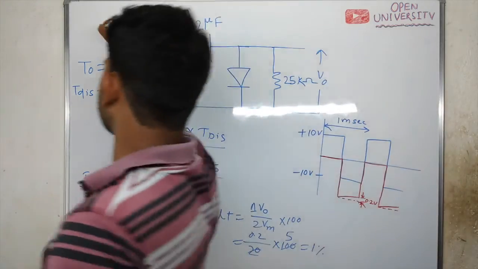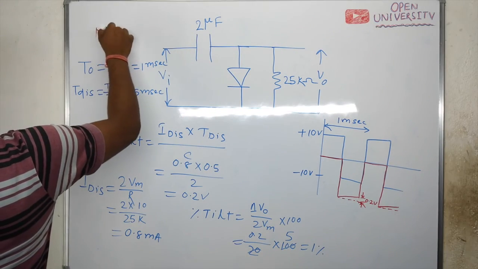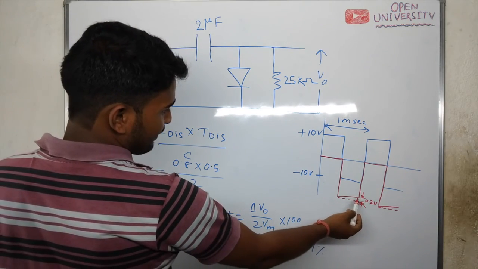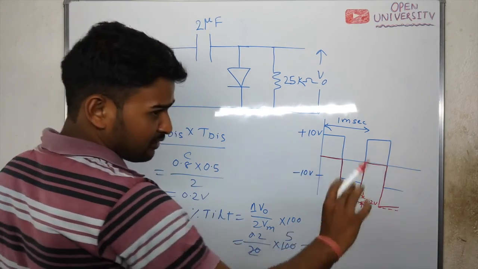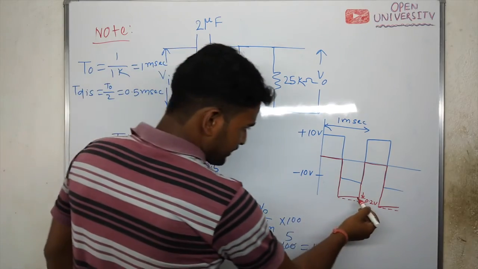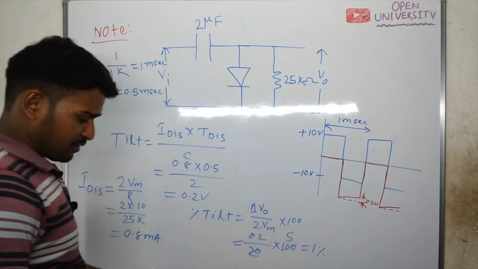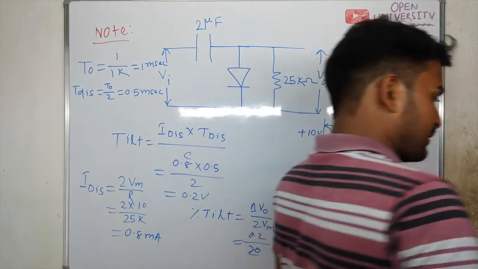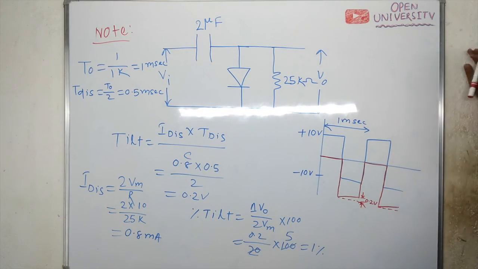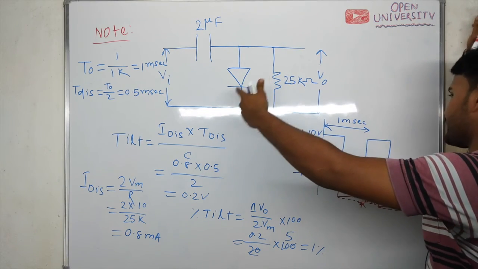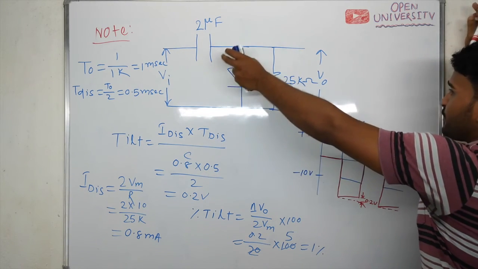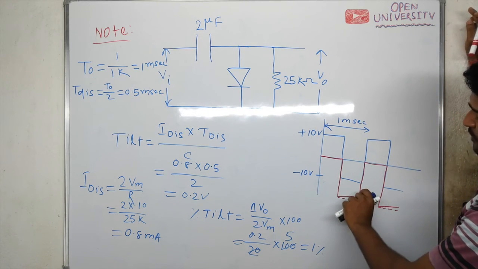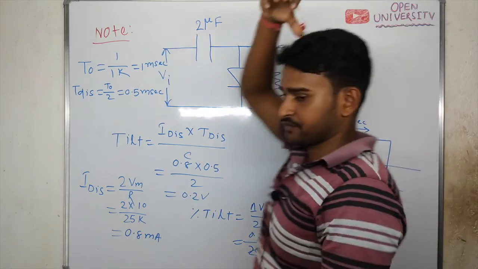Write down one note. How can we make this tilt smaller? By connecting a very large value of resistance. If R is a very large value, then the capacitor will discharge slowly through the resistor. So the capacitor voltage will slowly decrease, so the output will slowly decrease, so the tilt will be very small. Write down this point.